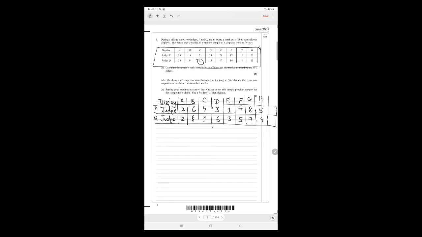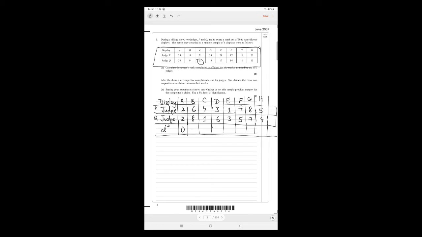Alright, so let's make another column for the difference squared. For display A, it is ranked number 2 by both of the judges, so there's no difference. The difference for display B is 2. Judge P ranks it 6, Judge Q ranks it 8, so that's a difference of 2.